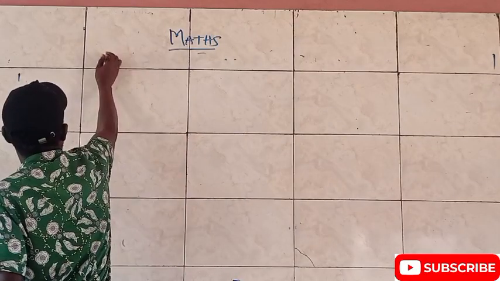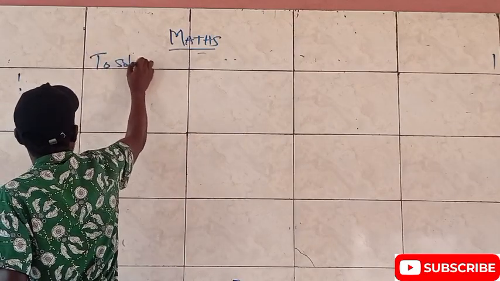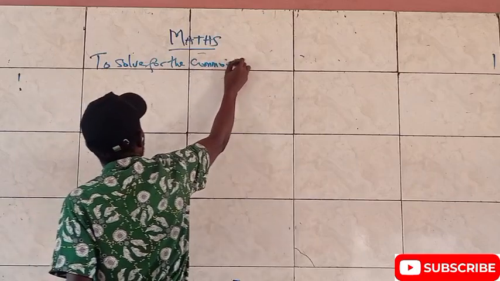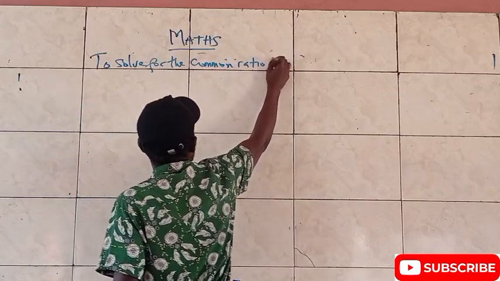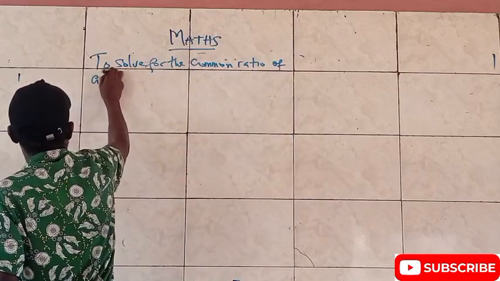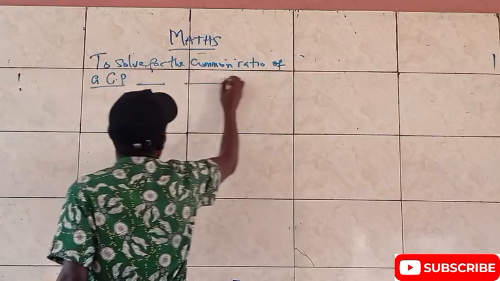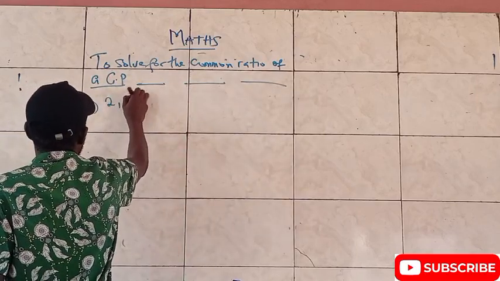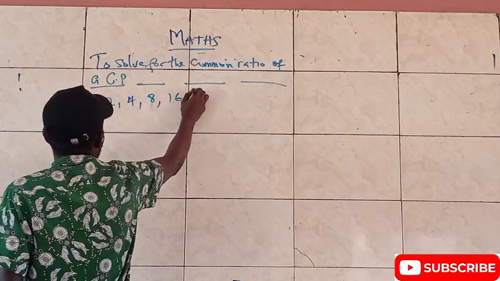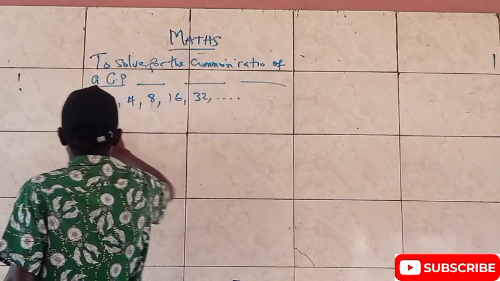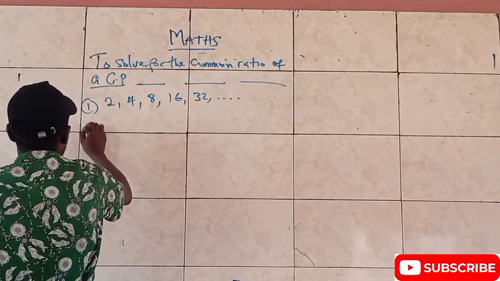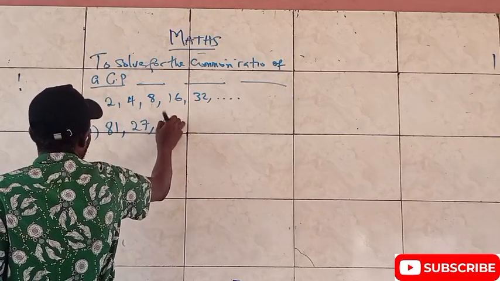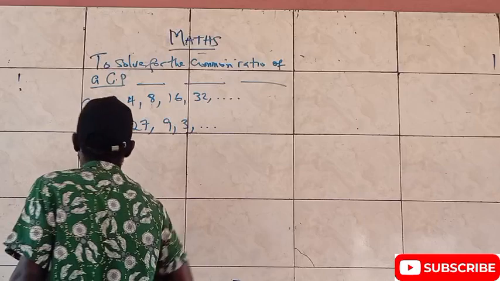So, to solve for the common ratio of a geometric progression, GP. For instance, we have 1, say you have 2, 4, 8, 16, 32 all the way down. We got 2, say you have 81, 27, 9, 3 all the way down.